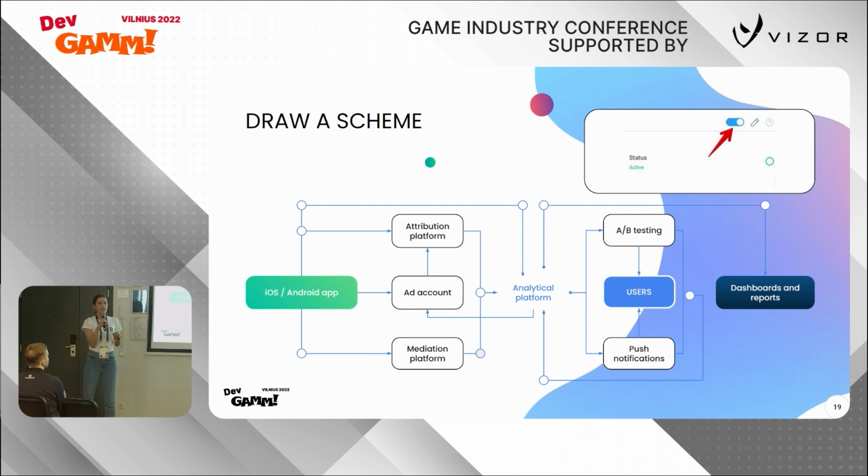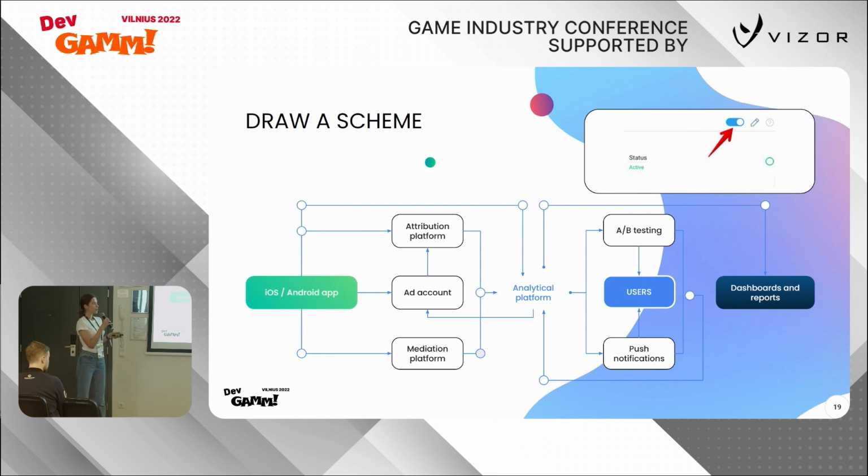For example, in your product analytics platform, you may have identified a segment of users that needs to be contacted by, let's say, push notifications. Let's say these are paying users who haven't been paying for the last month, and you want to change that. You want to make them an offer, to make them pay one more time.